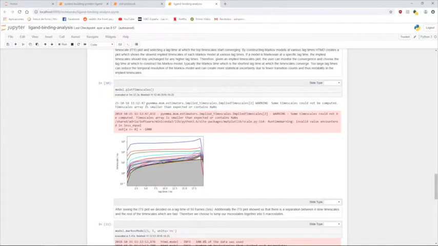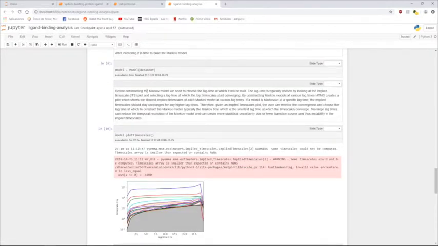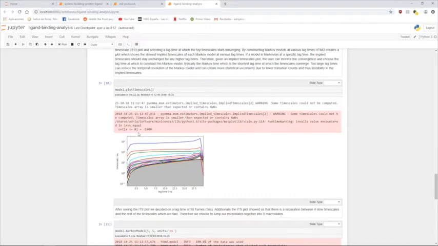First of all, before actually constructing the Markov model, we need to choose a lag time where we want to record the transitions. So for example, if our lag time is 1 step, the Markov model computation will look at each frame and the frame after 1 step and sum up this transition.